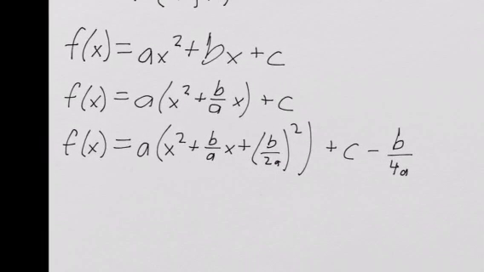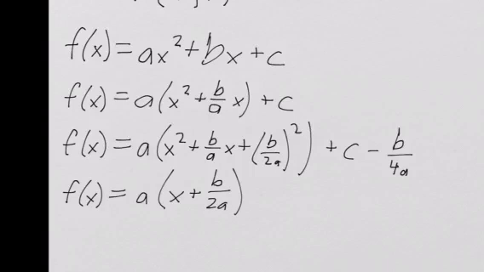And now I can factor what's in the parentheses. So I get f of x is equal to a times x plus b over 2a, all of that squared, plus c minus b squared over 4a.